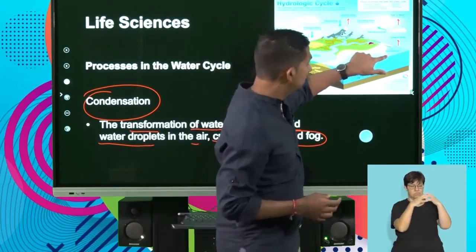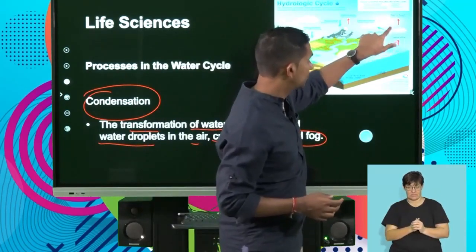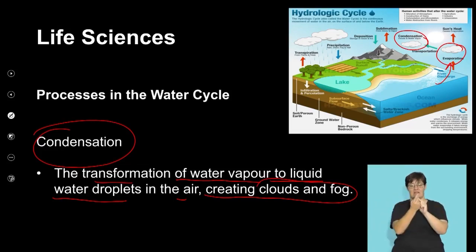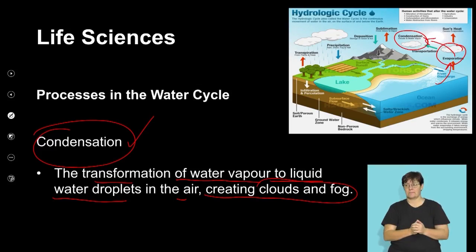So we know that evaporation is the accumulation of water vapor in the atmosphere. Those water droplets collect together and form larger clouds. And these larger clouds essentially are clouds that have built up as a result of the large amounts of water vapor that is evaporated. This process is called condensation. Again, the water vapor condensing to form clouds in the atmosphere.